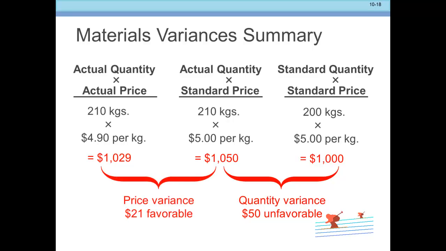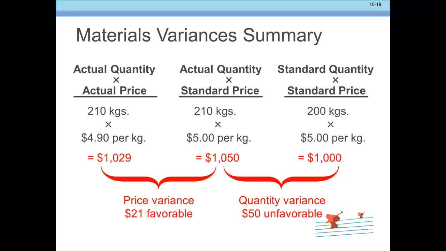It's the difference between what is paid for a quantity of materials and what should have been paid according to our standards. You can see that it's $21 favorable. The price variance is favorable because the actual price was less than the standard price by 10 cents per kilogram.